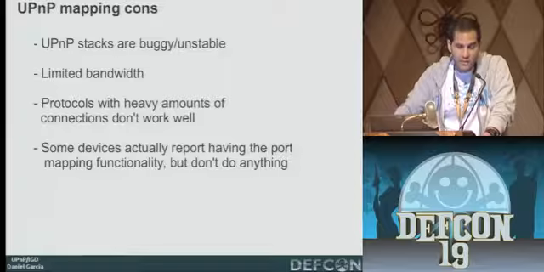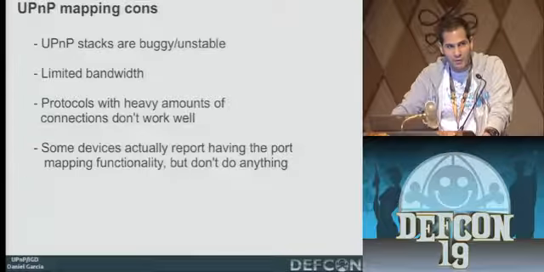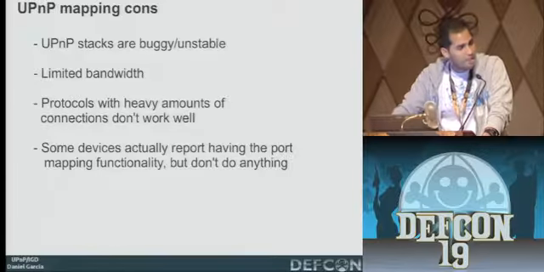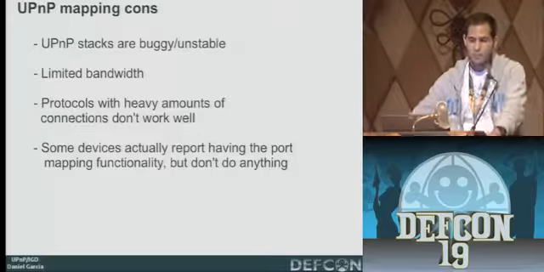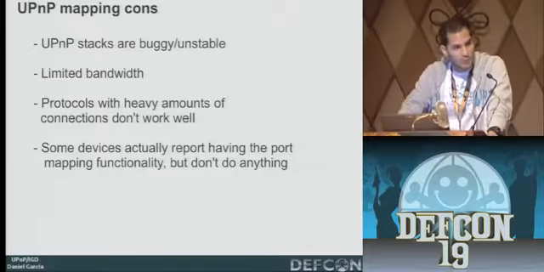But basically, UPnP stacks, even though they're supposed to be in a standard, they don't behave on the standard, and they have minor differences. The other thing is that obviously we have limited bandwidth because we're relying on the upload bandwidth of the devices. And also, we have problems with protocols that have a heavy amount of connections.